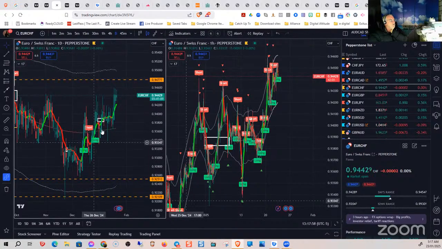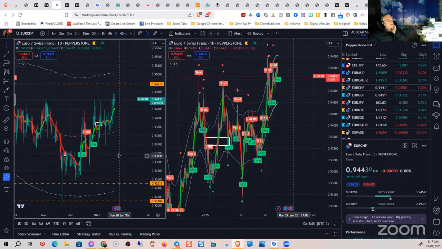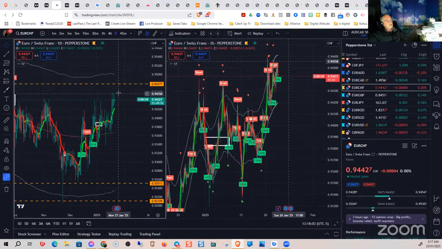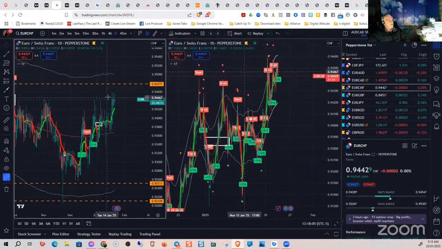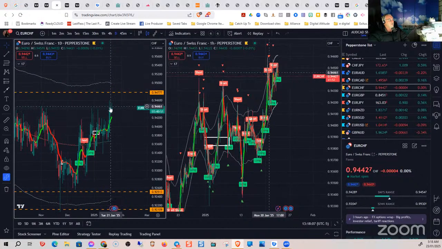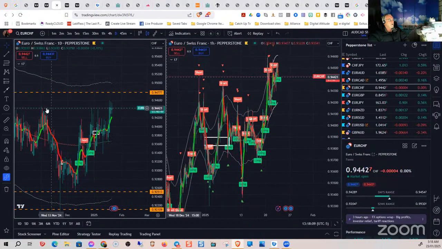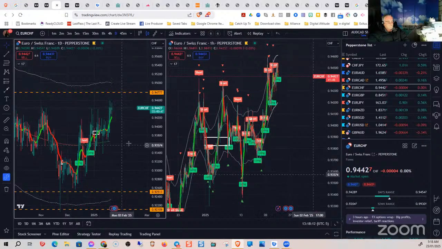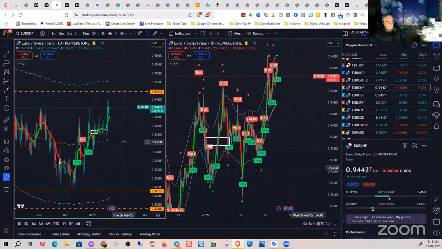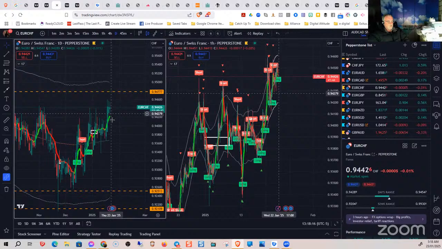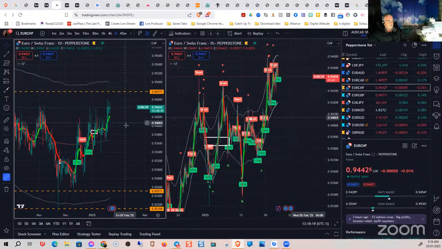One long, short, long. Again, this is, see, we've got 3 candles now that have tried to push up past. It's more likely to pull back a bit before it does push back up.